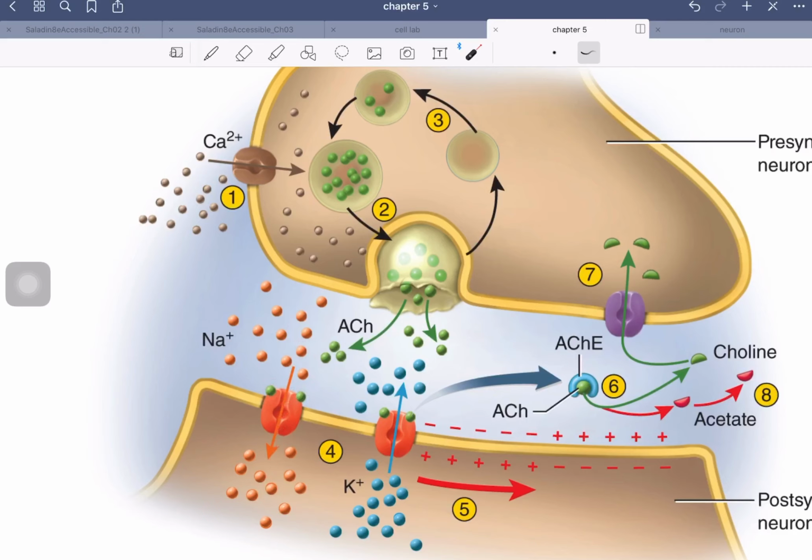Now, since we're here, we should mention that it would be a really bad idea if the neurotransmitter ACh stayed permanently bound here, because the gate would remain open. So the neurotransmitter only binds very quickly and then will leave. The other issue is you have to be careful about leaving ACh in the synapse after the desired effect is achieved. So somehow I have to get rid of neurotransmitters that have been released.